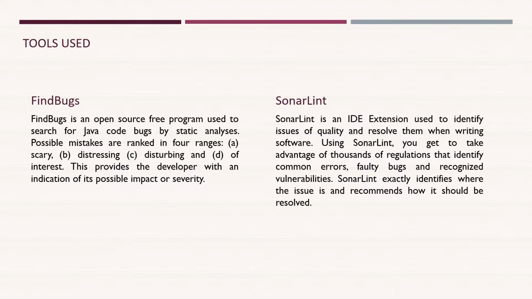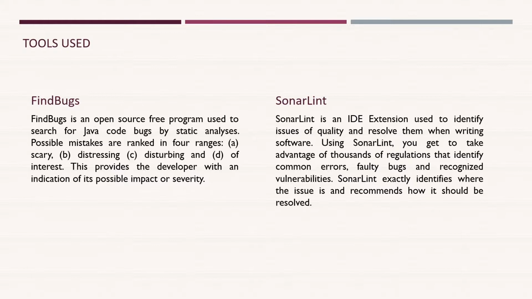The second plugin used is called SonarLint. SonarLint is an IDE plugin used to identify issues of quality and resolve them while writing the software. Using SonarLint, you get to take advantage of thousands of rules that identify common errors, bugs, and recognize vulnerabilities.